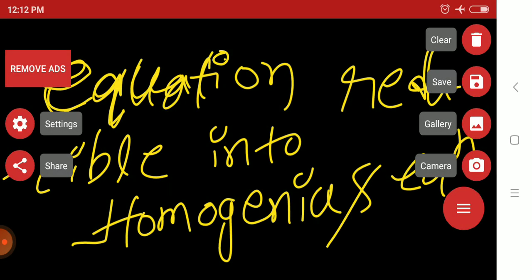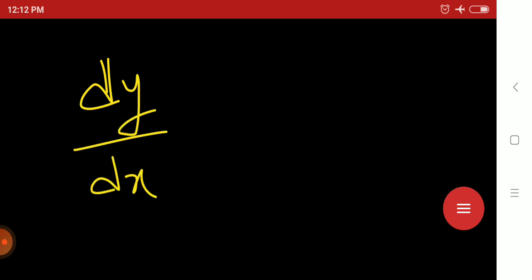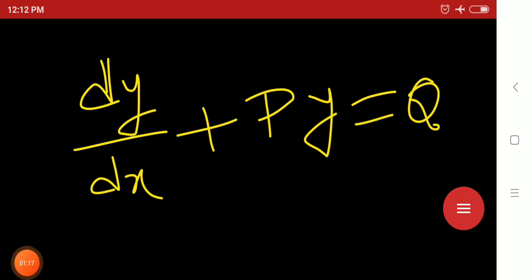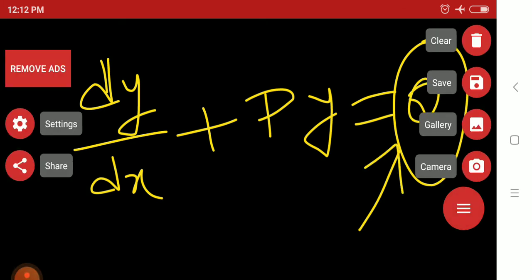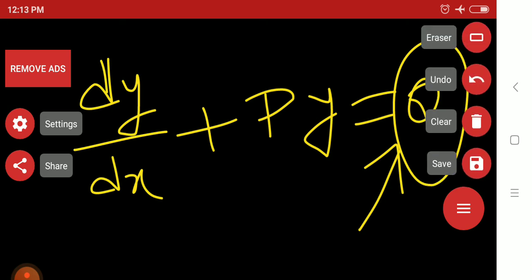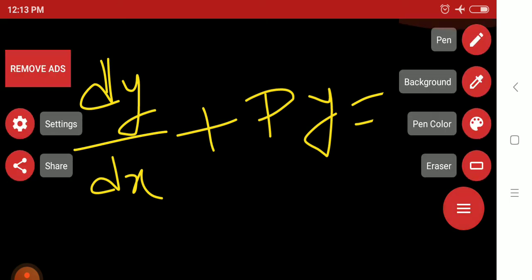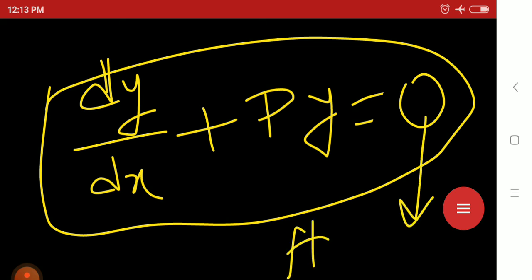I will discuss more about what is homogeneous and inhomogeneous and its difference later, but for the time being, know what is homogeneous. If you write a differential equation dy by dx plus py equals q, in the right hand side you see a constant term is there, but if this constant term vanishes and becomes 0, then in the right hand side you are getting 0, then it is homogeneous.